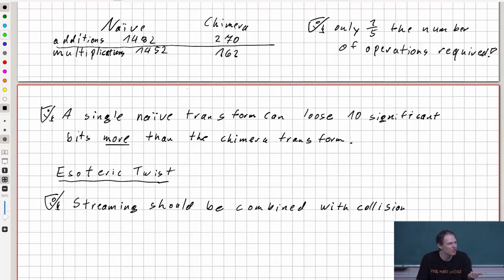So if you split this up and do collision and streaming separately, you almost double your execution time. So this means we want to have read once, write once, instead of reading twice and writing twice.